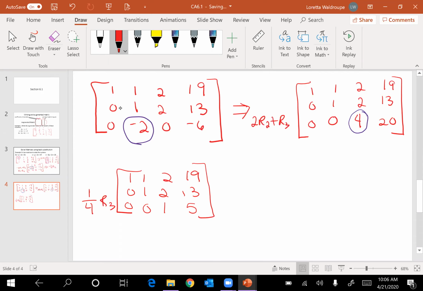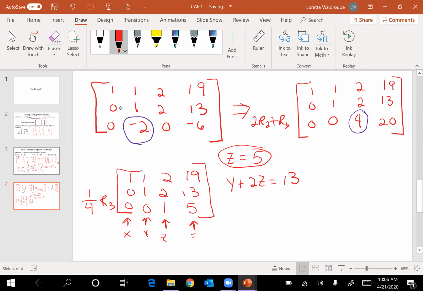So if I write my equations for each row, my bottom equation has no x, no y, so I just have z equals 5. My middle equation, no x's, but I have y plus 2z equals 13.